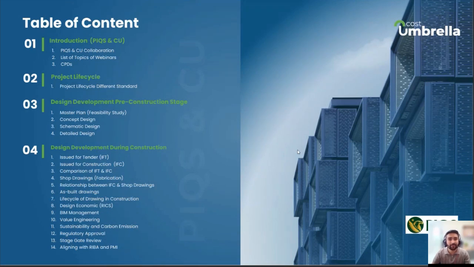In during construction, the focus shifts to execution drawings such as issued for tender, IFT, and issued for construction, IFC, along with shop drawings and as-built drawings. Other key components include BIM management, value engineering, regulatory approvals, and the stage gate review process, which evaluates readiness before moving to the next project phase.